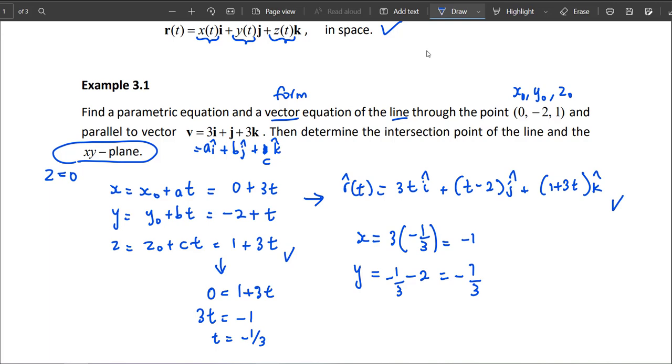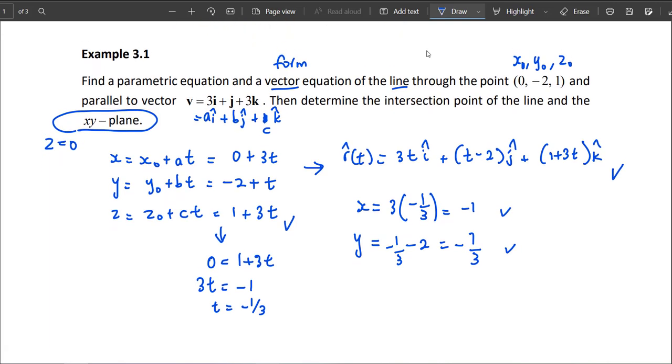So this is x, this is y, and z is equal to 0. Okay, so the intersection point is -1, -7/3 and 0.